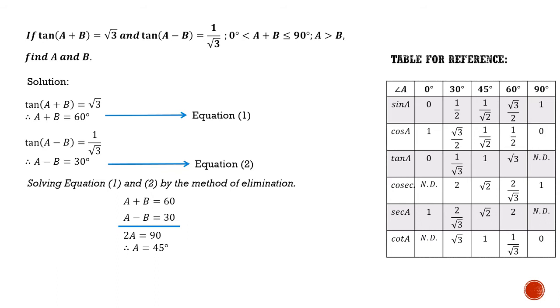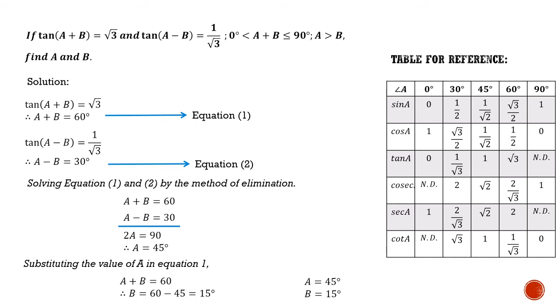What I will get is 2a is equal to 90, because b will be eliminated from this arrangement, so a will be equal to 45. Now substitute this value in either of the equations. In this case, I am taking equation number 1, so b will be equal to 15 degrees. So this is your answer: a is equal to 45 and b is equal to 15 degrees.